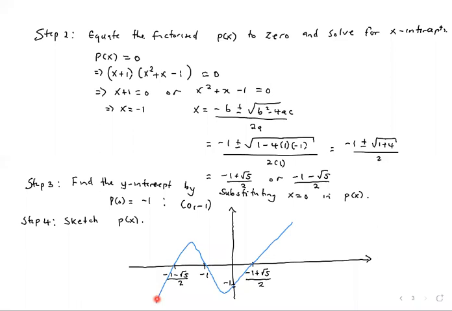Sir, why is (-1 + √5)/2 on the right side? Why is it supposed to be positive? All the intercepts have been indicated as negatives.